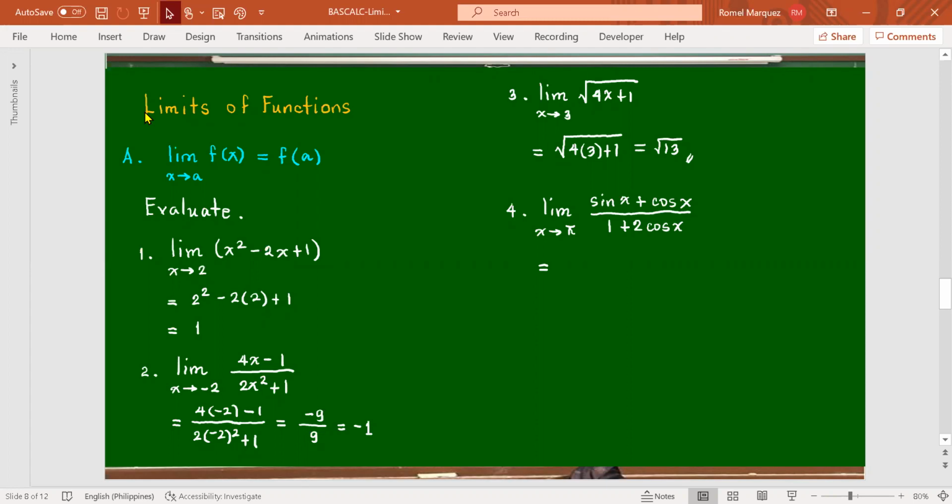If I substitute x to pi here, cosine is -1 times 2, so it is guaranteed it will not make the denominator 0. Okay? This takes the rational function form, but it's not really a rational function.